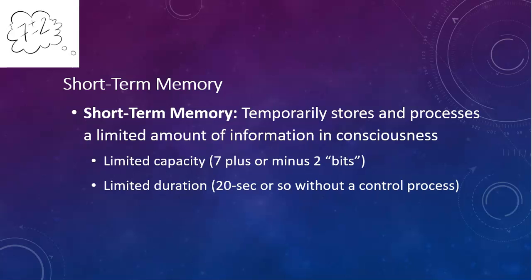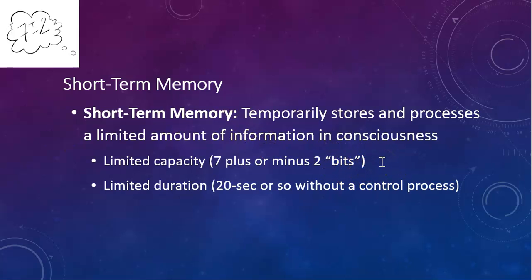It also has a limited duration of about 20 seconds or so, and this is without a control process. So, for instance, if you're being introduced to someone and then you immediately forget their name once we start a conversation, that's because their name is one piece of information, one bit, right?